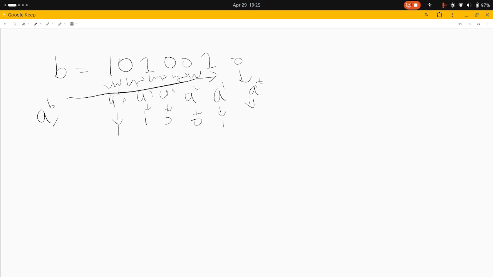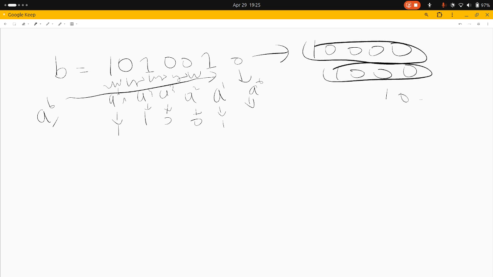What I am doing right now is dividing b with the help of a binary approach. So I'm writing this in this format, then in this format, then in this form. These terms are separated terms.